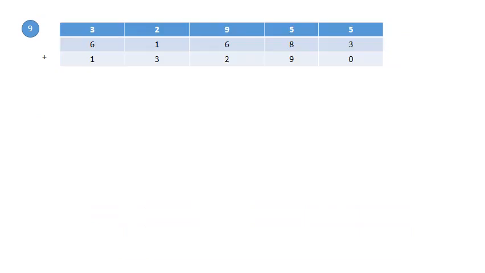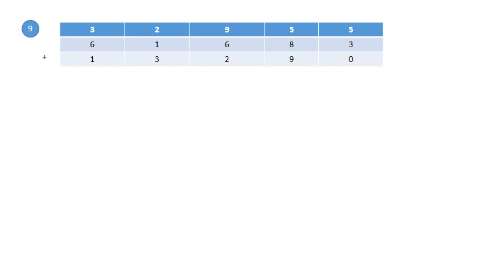Let's start with the ninth one. What is given here? 5 plus 3 plus 0. So what is 5 plus 3? 6, 7, 8. 8 plus 0, 8. So you'll write down 8 here. 5 plus 8 plus 9. Come on student, do the addition of this. 8 plus 5, 13. 13 plus 9, 21.